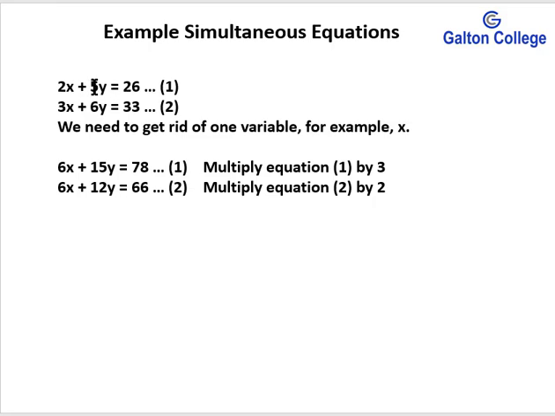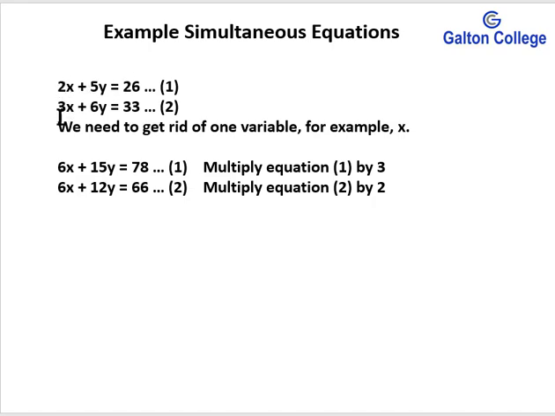Then we've got 5y multiplied by 3, which is 15y. And we've got 26 here multiplied by 3, which is 78. So I've just multiplied equation 1 by 3. The reason I multiplied it by 3 is because I've got 3x in the second equation, and I want to get rid of that.